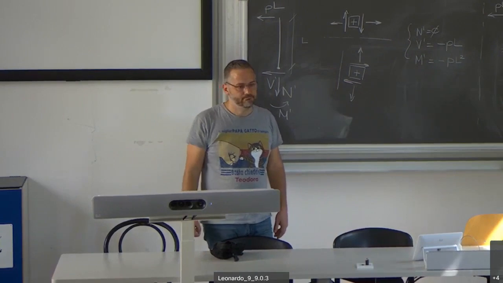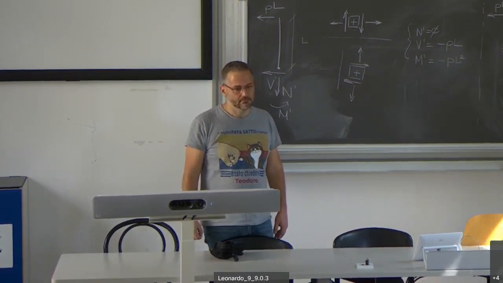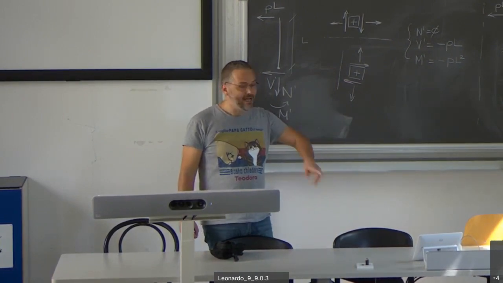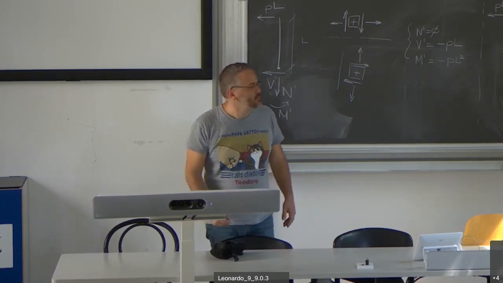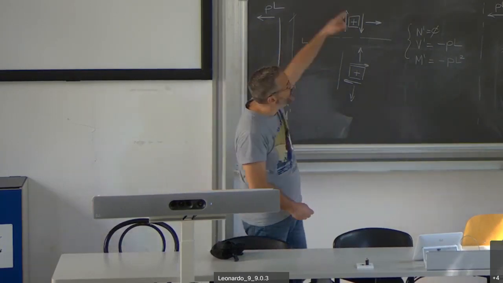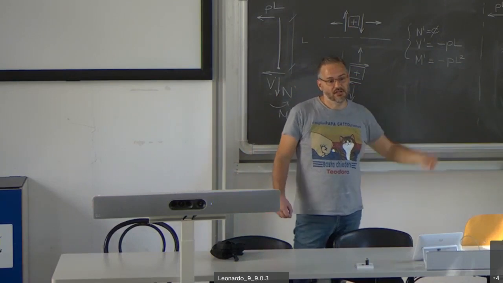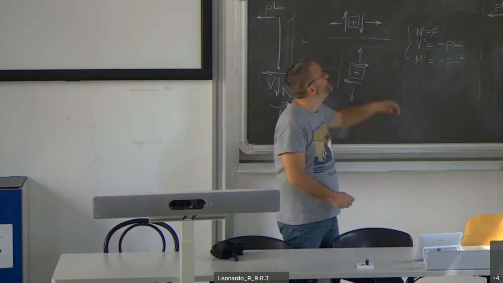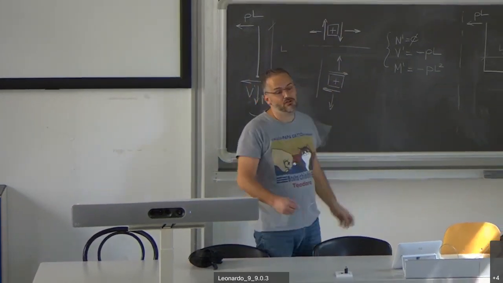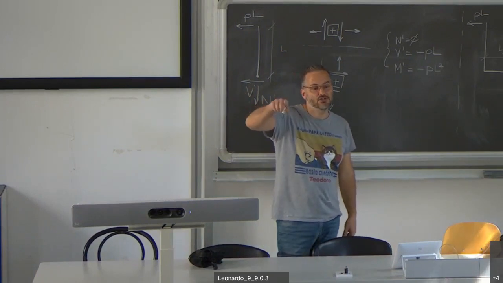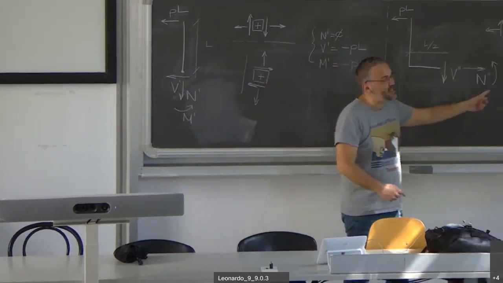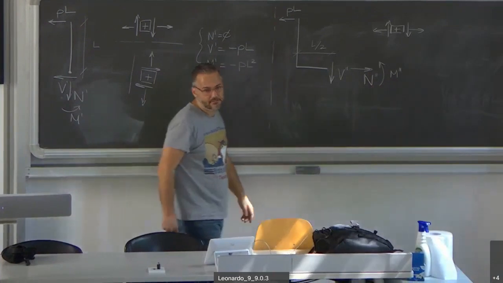No. Unless, of course, for example, if there was a hinge at the right part, so if the left portion of the structure was connected to the rest by a hinge, I would know a priori that M would be 0. Okay?